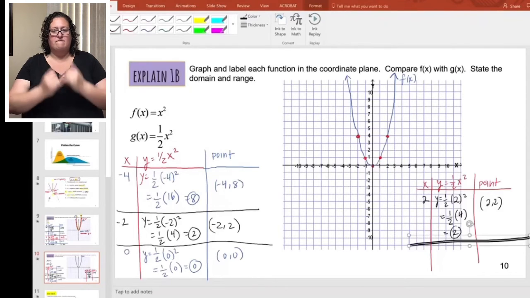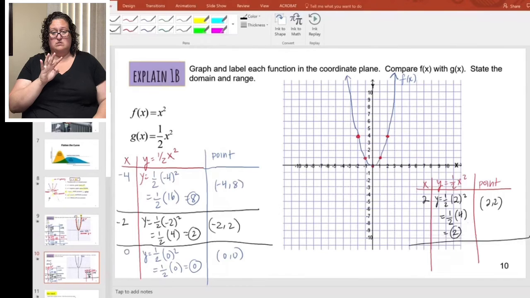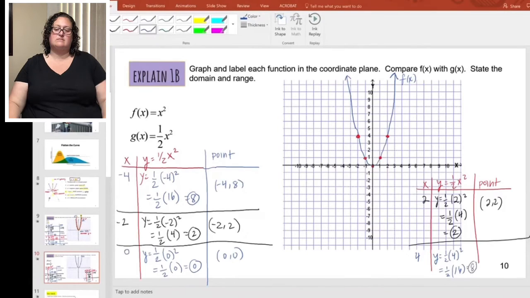And finally, when x equals 4, y will equal 1/2 times 4 squared. 4 squared is 16, and half of 16 is 8. So 4, 8.